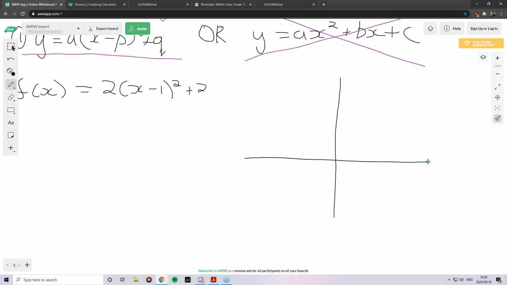So this is a parabola, of course, with x coordinate at 1, x minus 1, so it's going to be on the plus side. X is 1, and it's going to have a y coordinate of the turning point at 2. A is positive, so it's going to look something like this.